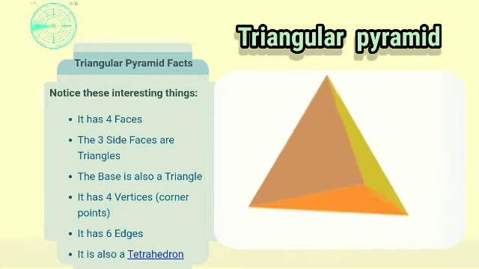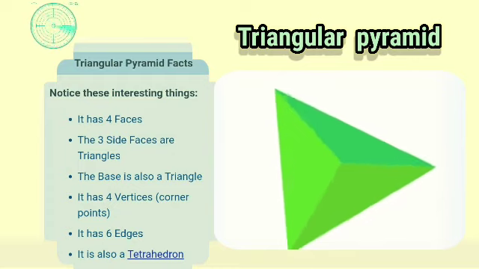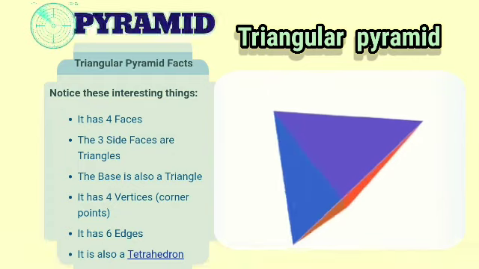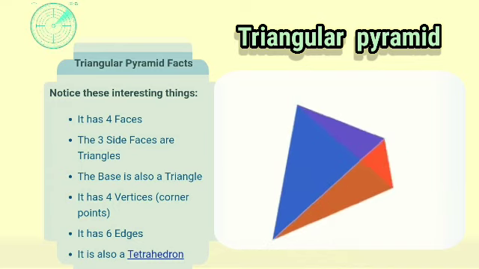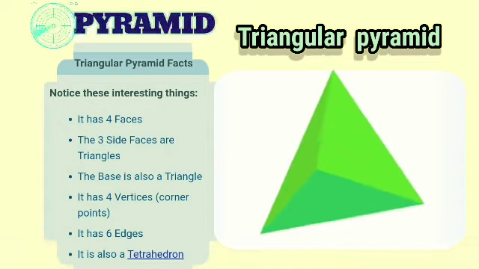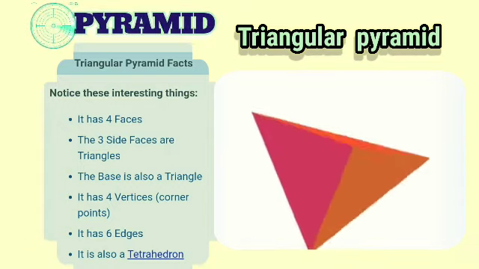Now you can look here. It's a pyramid with a triangular base, and all its three other faces are also triangles. So it is also called a tetrahedron, with four triangular faces, four vertices and six edges.